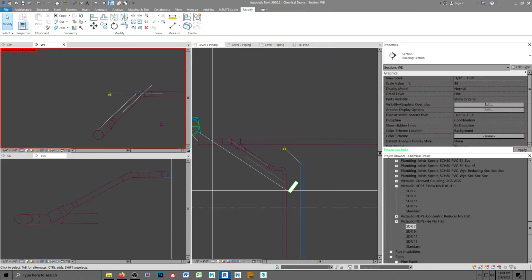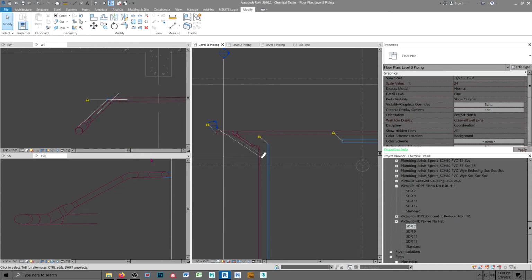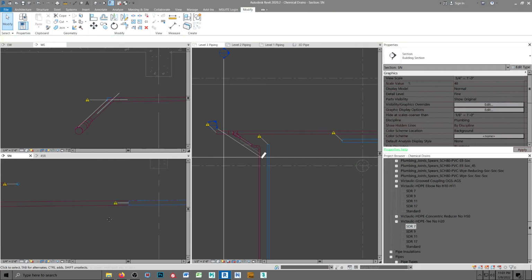Make sure we've got things still the same level. Check the slope on this. Oh, it's off. Easily fixed. Bingo. Same elevation.